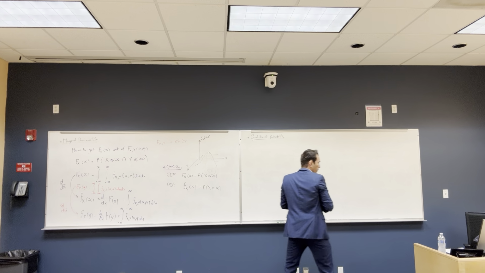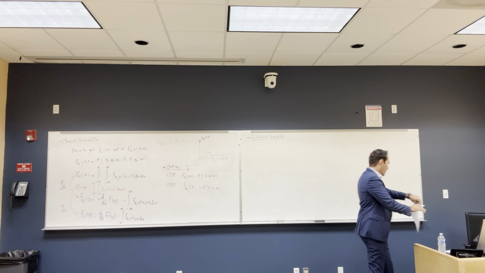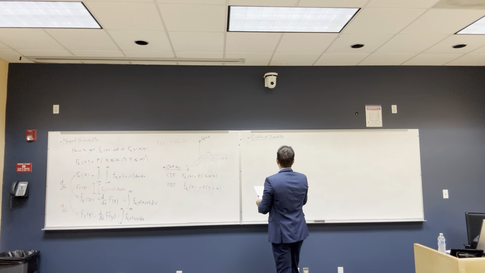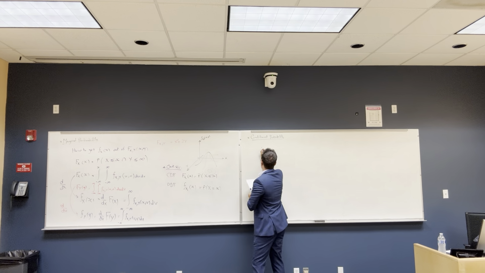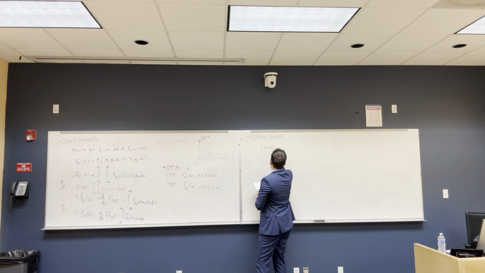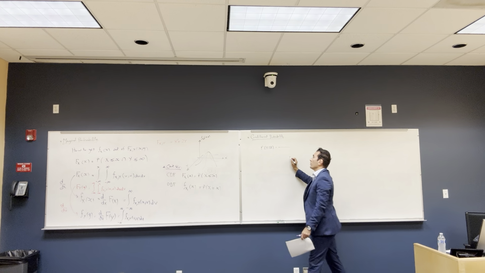So what about conditional probability? If you guys remember, when we talked about conditional probabilities, we talked about events like the probability of event B given A. Do you guys remember what this is equal to?